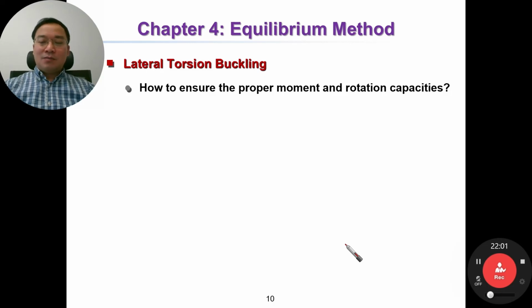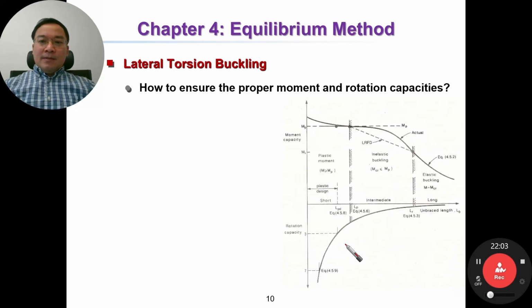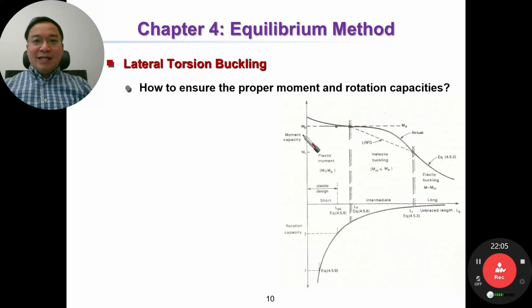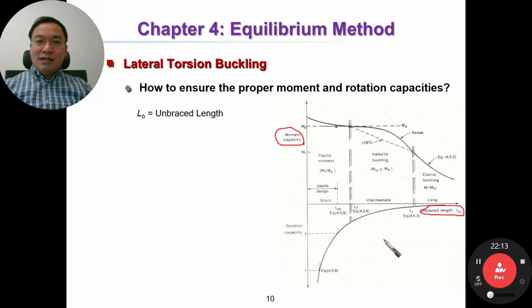And how do we ensure the proper moment and rotation capacity to achieve the fully plastic moment? This figure shows the relationship between the moment capacity and unbraced length. LB is the unbraced length. Unbraced length means the length between two connections of the beam, for example, from here to here.